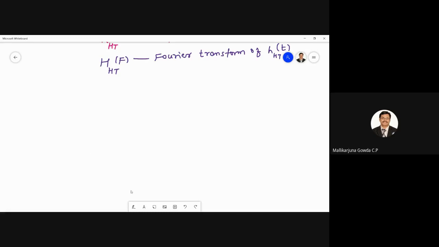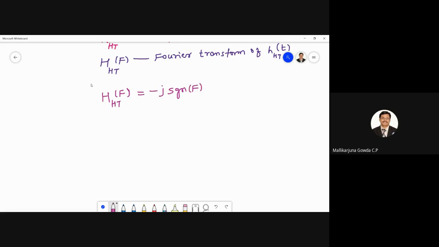Okay, let me consider the spectrum of this Hilbert transform, that is H subscript HT of f. Let me define H subscript HT of f, that is the Fourier transform of the impulse response of the Hilbert transform, as minus j sgn of f.